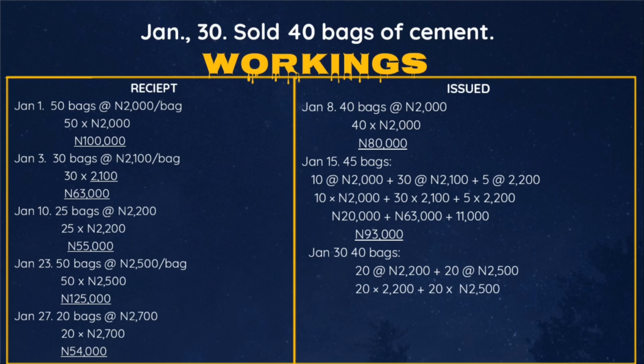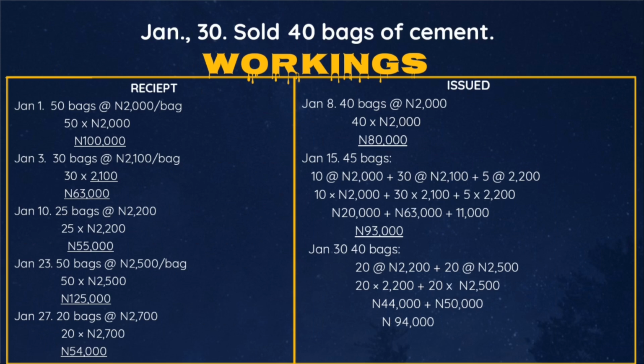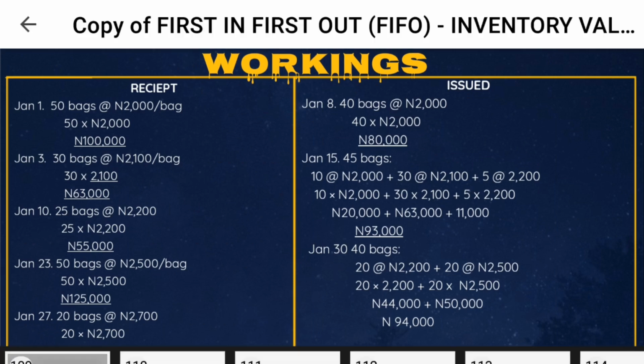So 20 times 2,200 gives us 44,000. 20 times 2,500 gives us 50,000 naira. 44,000 plus 50,000 naira is 94,000 naira, which means the quantity under this one is 40. The price is at the rate of 2,200 and 2,500, while the value is 94,000 naira.